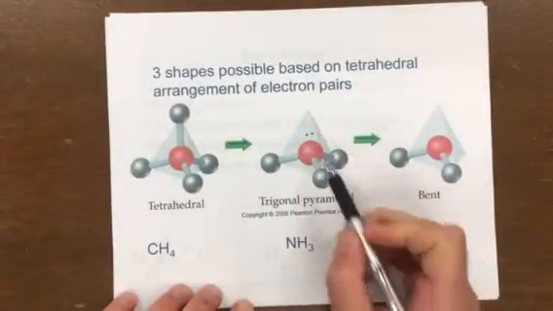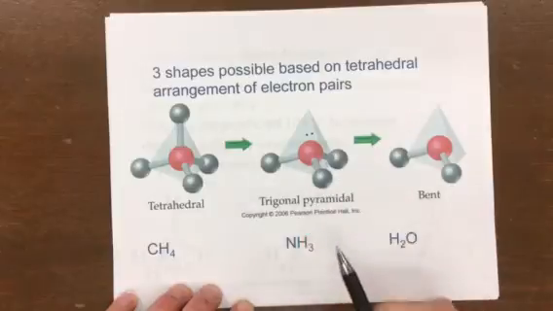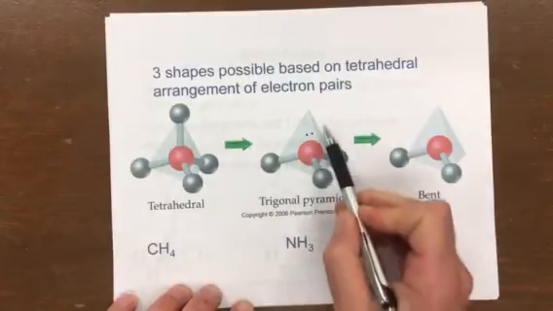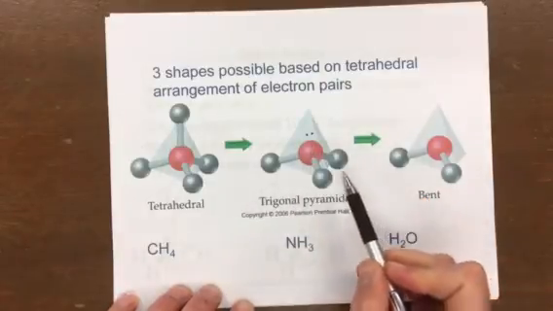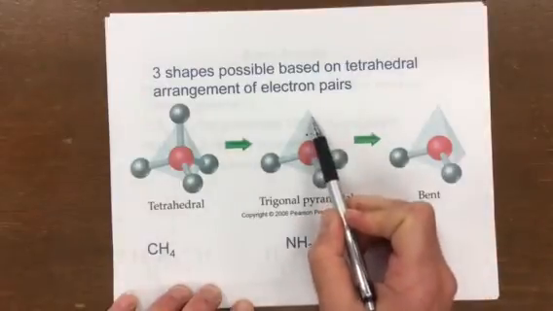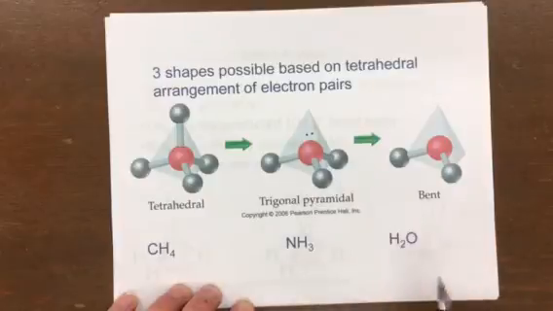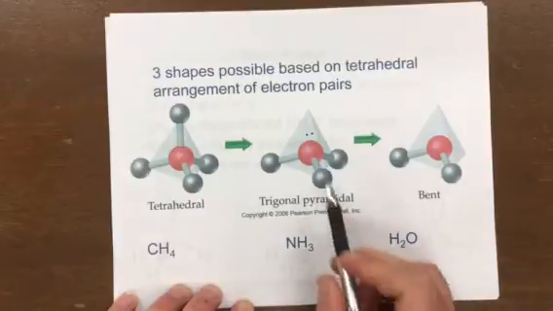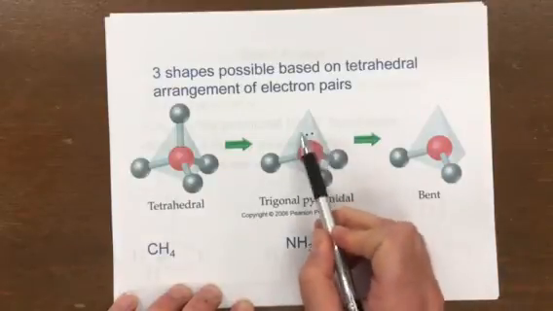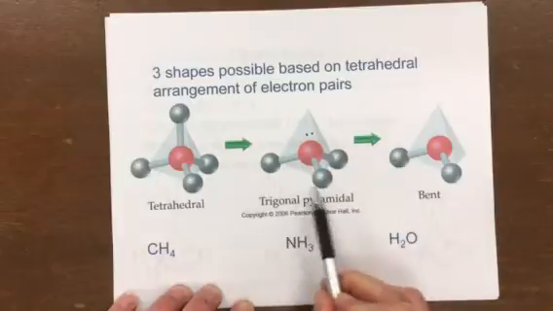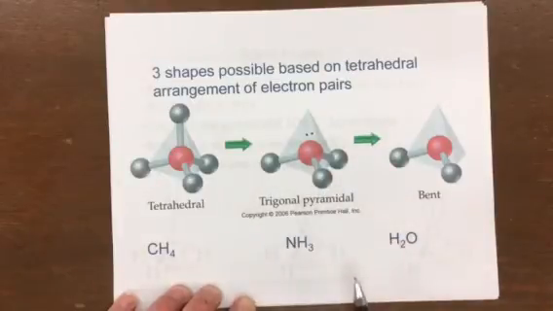This pair of electrons is still repelling these other electron domains, so it still takes the basic tetrahedral arrangement, but in one corner of the tetrahedron there's just a pair of electrons, and in 3 corners you have atoms. Since there's just a pair of non-bonding electrons here, it takes the shape called trigonal pyramidal.